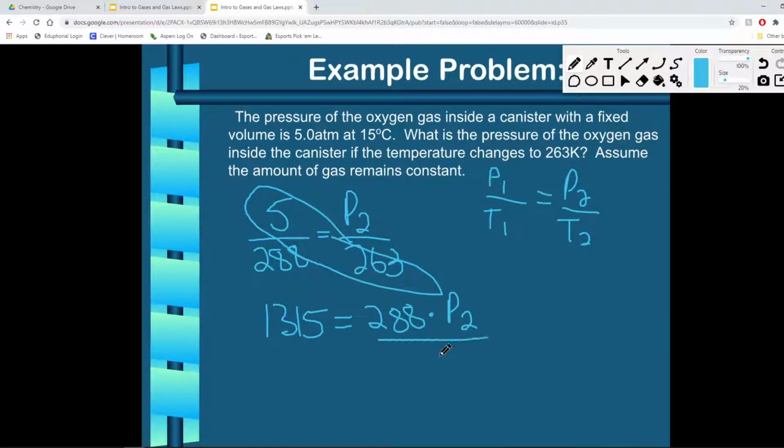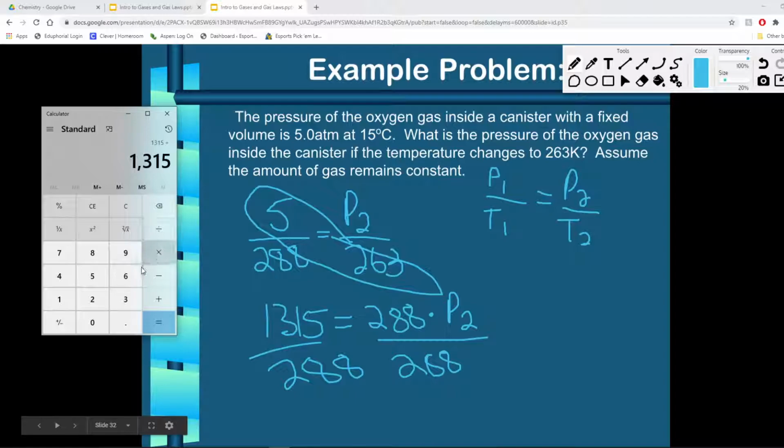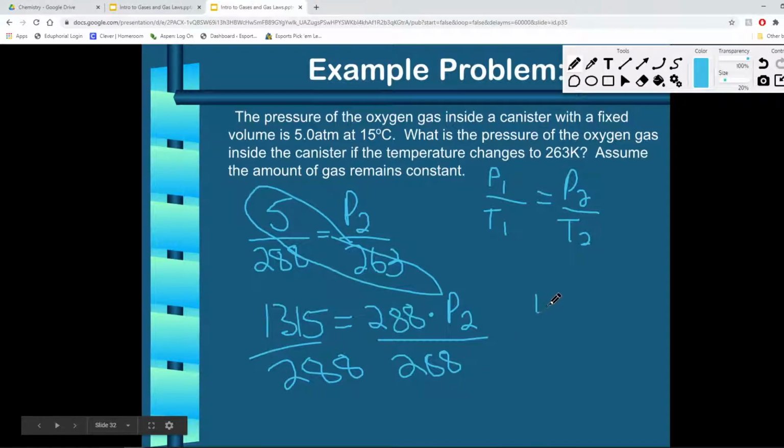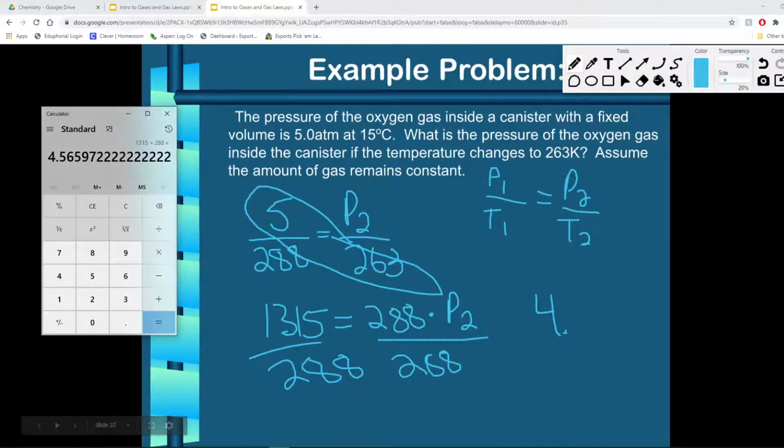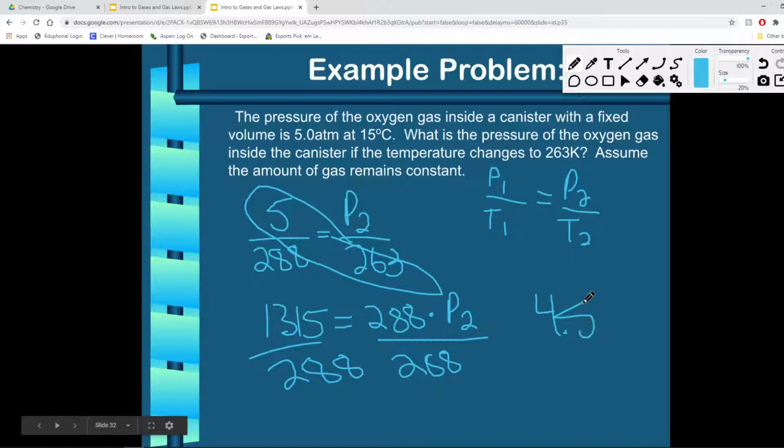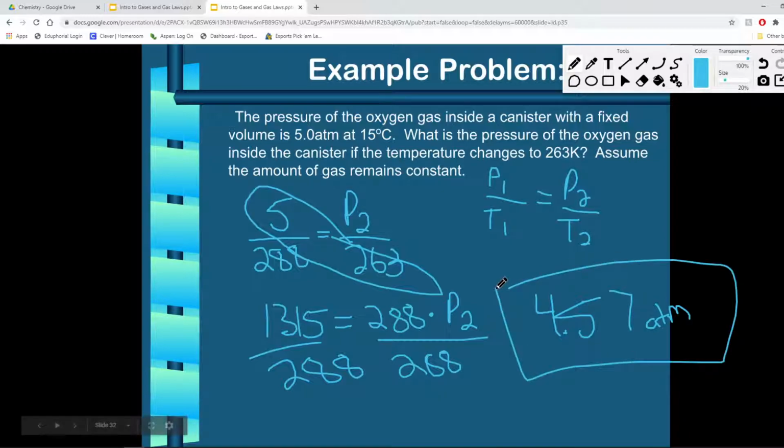To get P2 by itself, we divide both sides by this 288. And that comes out as 4.57 atmospheres of pressure.